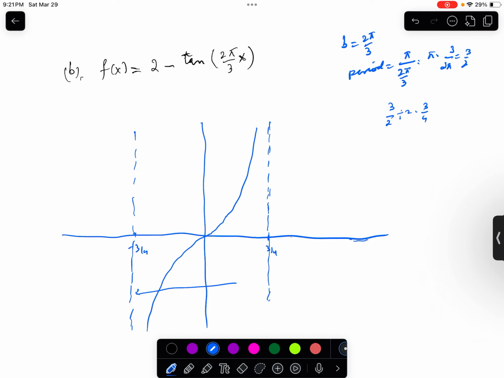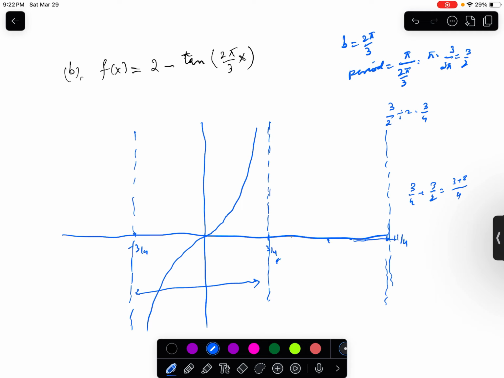This much distance is 3 over 2, that much distance over here, another asymptote. And what will be the number that will go here? Well, add 3 over 2 to the number here, 3 over 4. So 3 over 4 plus 3 over 2 is going to give you, the denominator will be 4, 3 plus 8, 11 over 4.